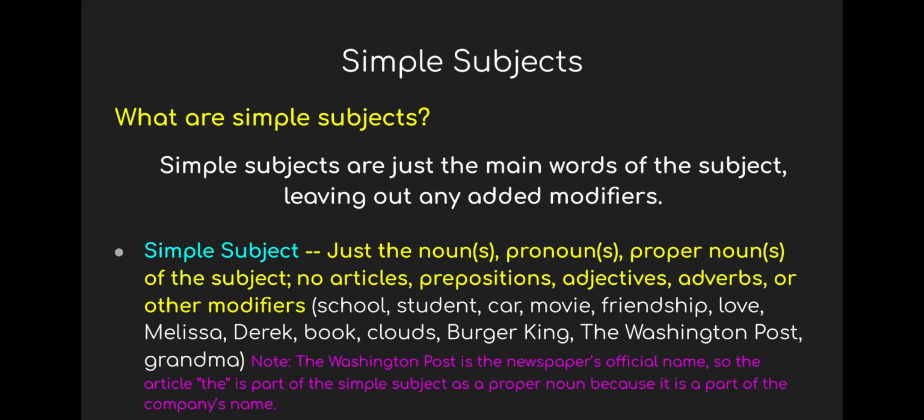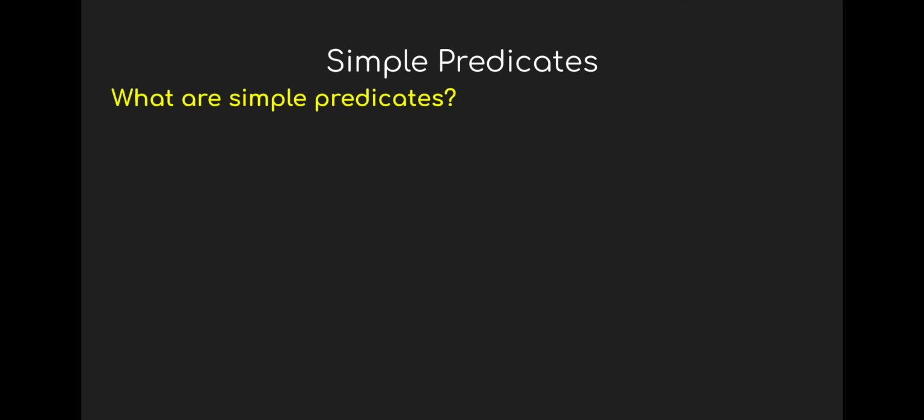And if you're looking for just the simple subject in "The Washington Post printed an article today," the Washington Post would be the entire simple subject, even though normally we don't put the article "the" in the simple subject. But since it's a part of the proper noun, we have to include that as a simple subject.